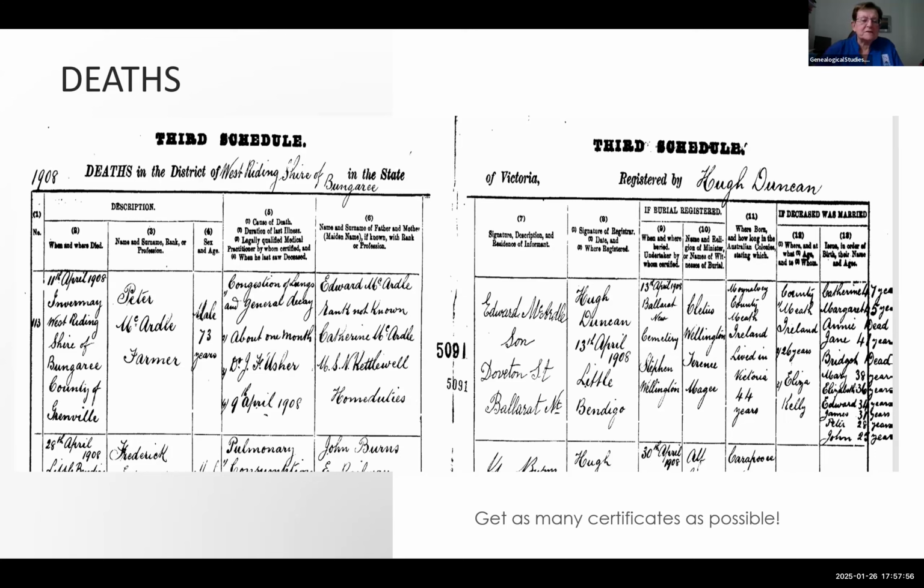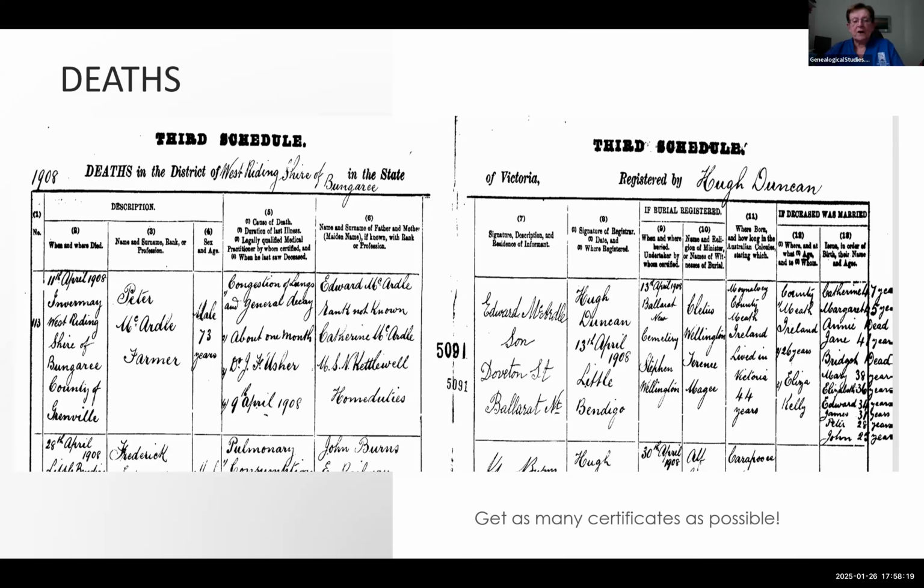Yes, it's cursive writing, but it's very nice cursive writing. This one is dated the 11th of April 1908 in Invermay, West Riding Shire of Bungaree, County of Grenville. So they're still in the Bungaree area. This is still the McArdle family that we met from that birth certificate.